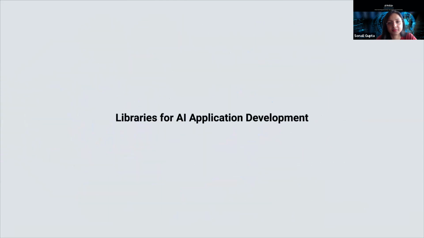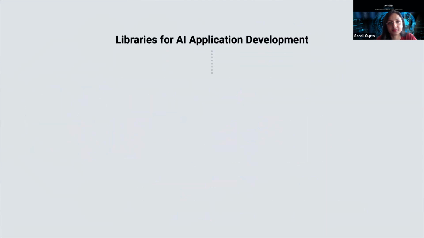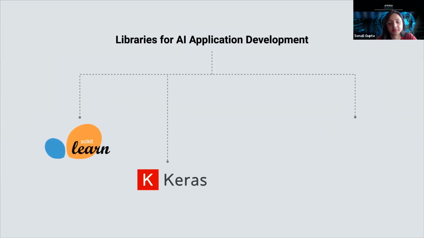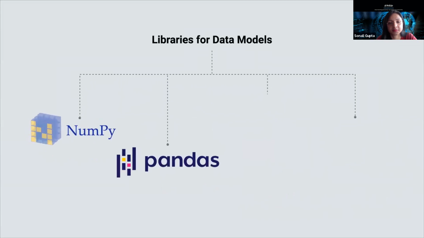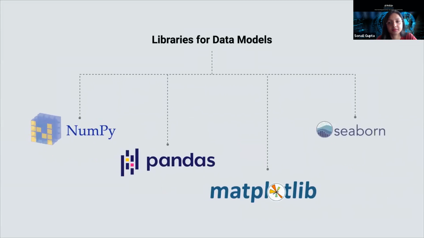Today, developers prefer to build data science-based AI applications using Python. Some of the popular machine learning libraries are scikit-learn, Keras, TensorFlow, and OpenCV. NumPy, Pandas, Matplotlib, Seaborn libraries are used to manipulate and visualize data to get more insights.